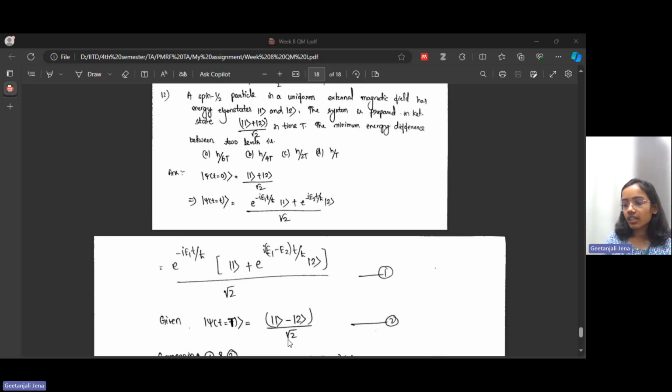It is given that a spin half particle is in a uniform magnetic field and has energy eigenstates 1 and 2. The system is prepared in the state given by 1 by root 2 times ket 1 plus ket 2 at time t.